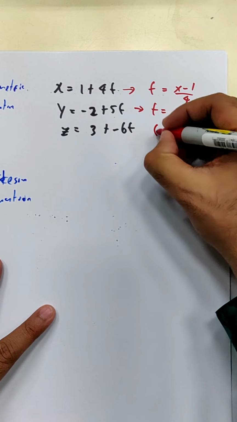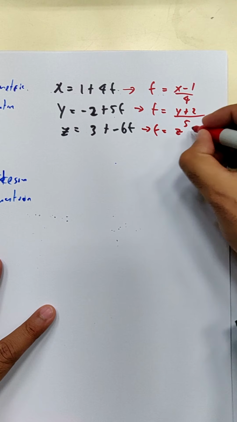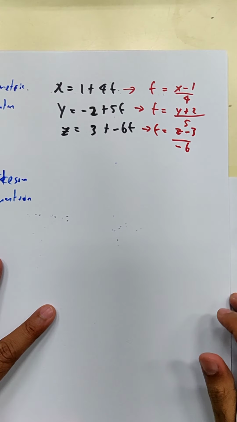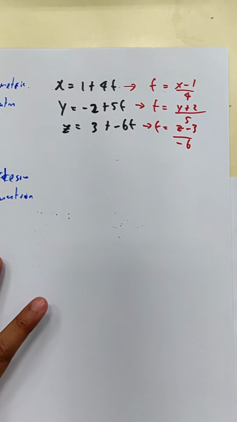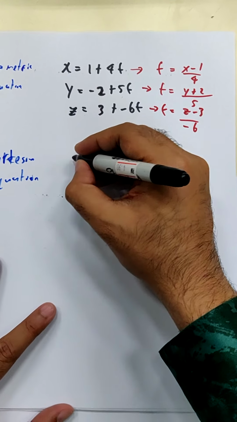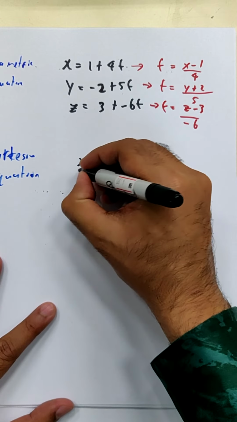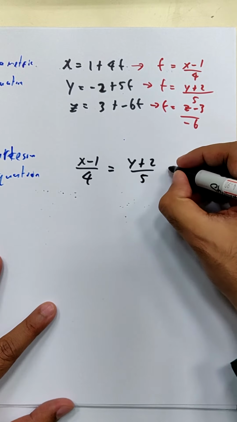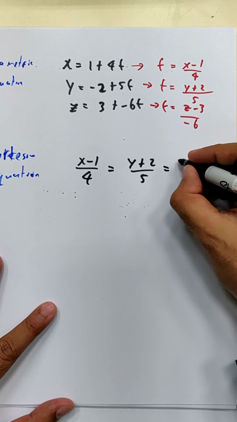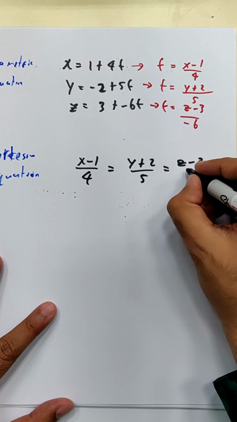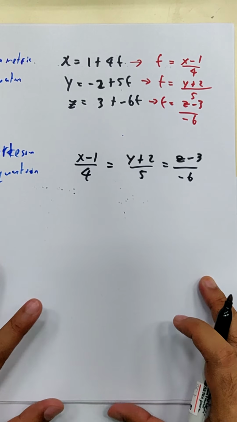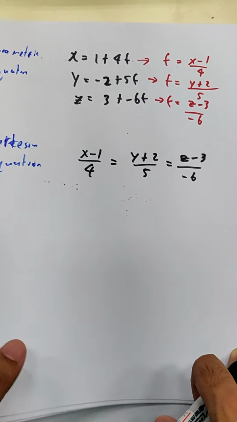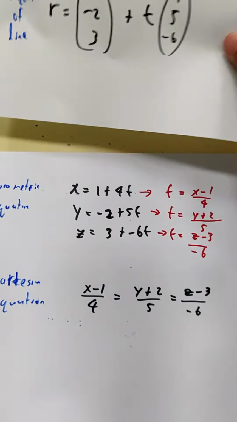Alright, what about the last one? (z minus 3) over negative 6. So your Cartesian equation, you rewrite it as (x minus 1) over 4 equals (y plus 2) over 5 equals (z minus 3) over negative 6. Do you want me to repeat that again? No need to.